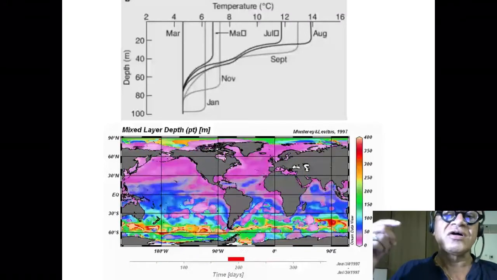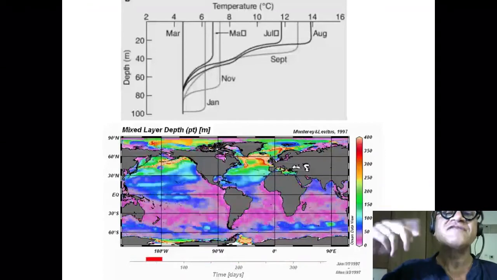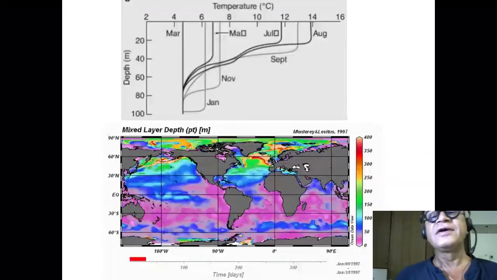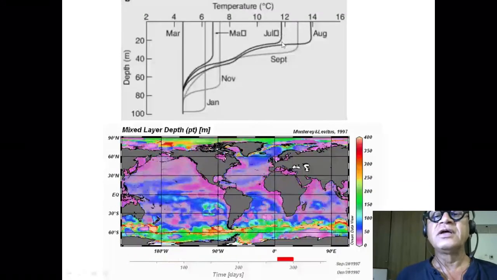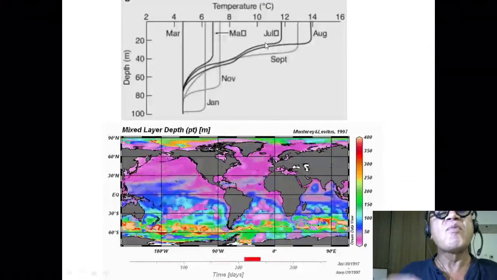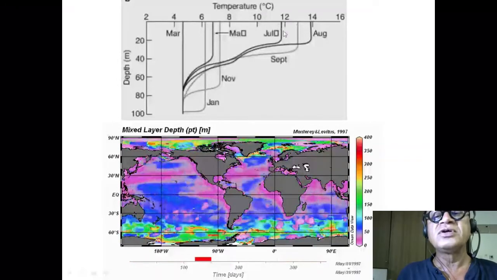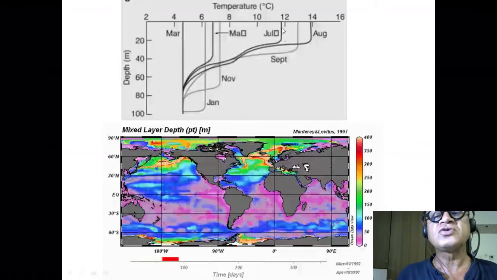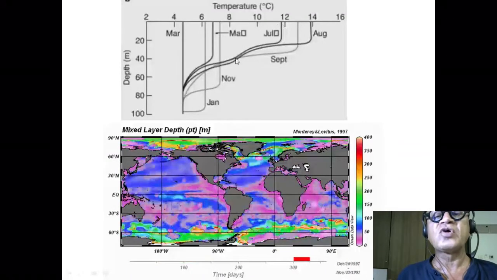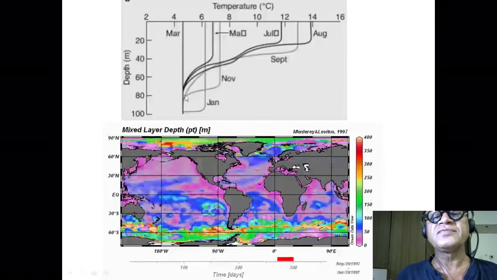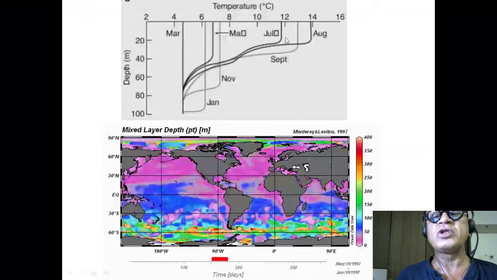Remember, it's a combination of the wind strength, surface cooling and heating, and the buoyancy in terms of freshwater forcing. The sharper the gradient, the more energy you need to mix. So as you warm, it's harder to mix, so the mixed layer tends to get shallower. The thermocline is sharper, and the temperatures are almost the same as soon as you go below the surface.